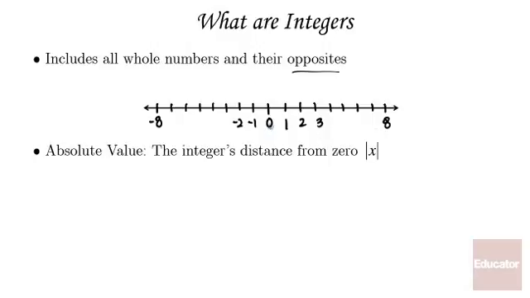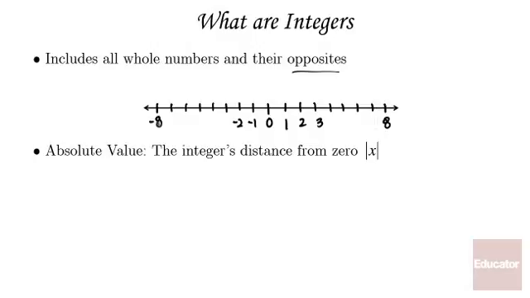If I ask you the absolute value of negative 3, the distance away from 0 is going to be 3. Distance cannot be a negative number. So whenever they're asking for a distance, make sure that the number is positive. When I ask for the absolute value of a number, whether it's positive or negative, it's going to have to be positive.